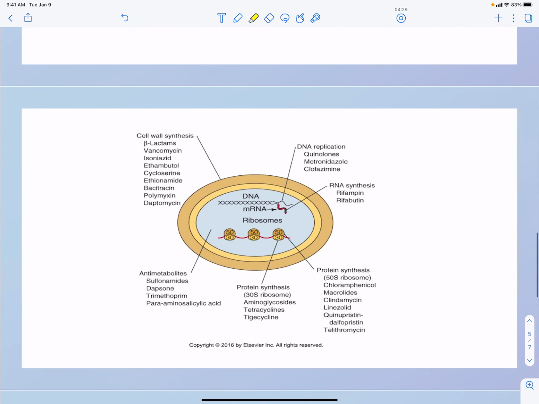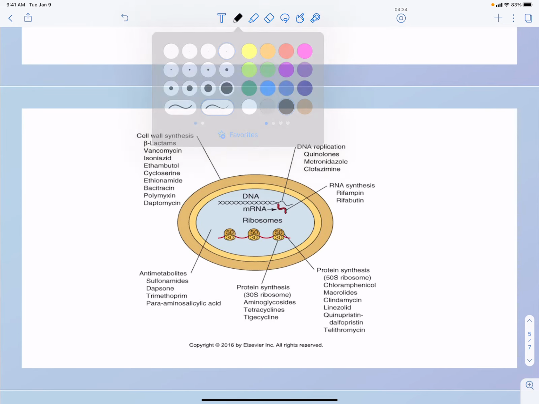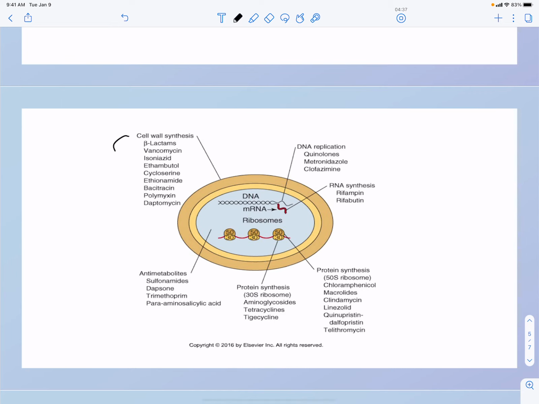And so this is just a picture to show the different types of antibiotics that are currently available. We have the bactericidal, and these are going to kill the bacteria. They target the cell wall synthesis, and so of course a bacteria cannot survive without its cell wall. And then you have the bacteriostatics. So you have your antimetabolites that are going to target folate synthesis. You're going to have targeting of your protein synthesis.